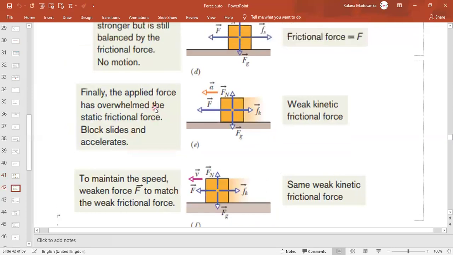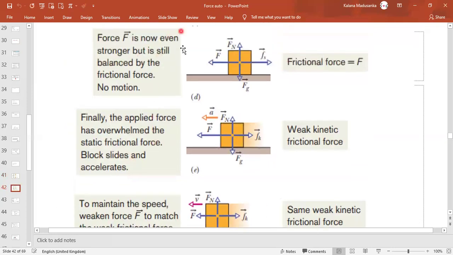Now we look at the next case, the figure D actually, right? Force is now even stronger, but it is balanced by the friction force. Still, it doesn't have any motion at all, right?